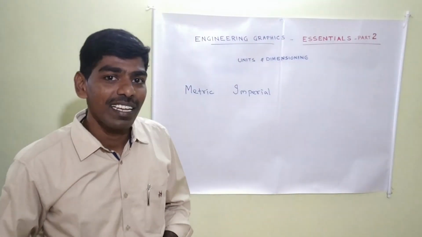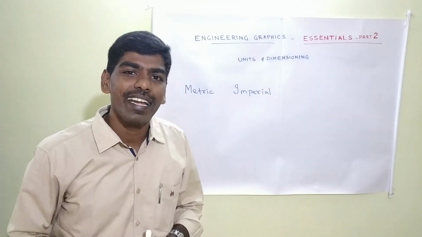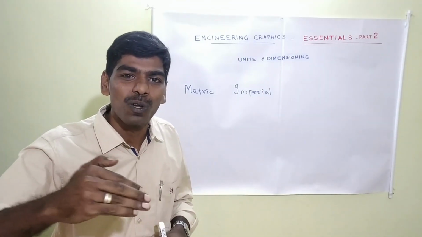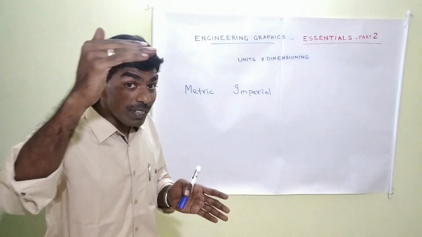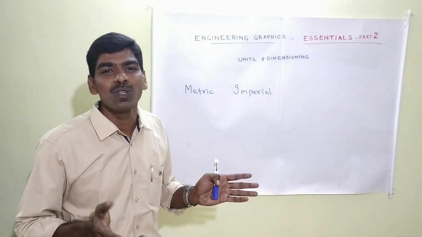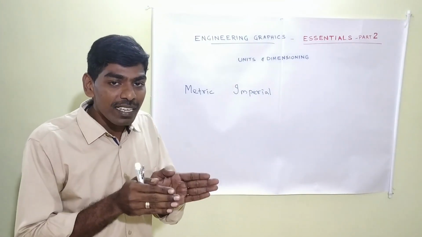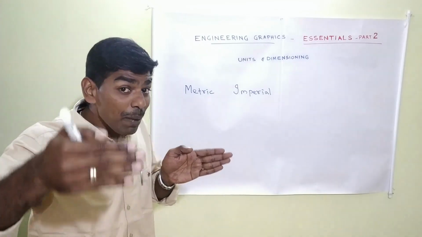If you look at metric, the things deal with meter. If you come down, it is millimeter, centimeter, it goes on that way. Even there are things well below that, like micrometer, nanometer, but we don't use those things in a drawing. So in drawing, we deal with millimeter, centimeter, or a meter.